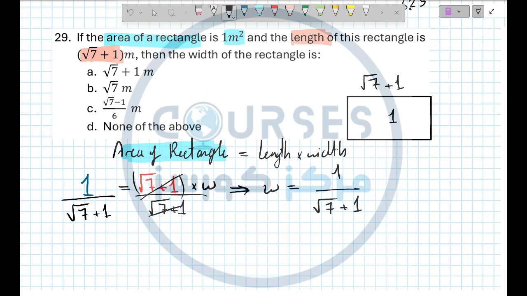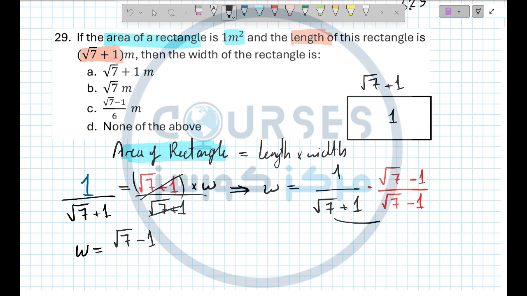Okay, this answer isn't in the choices, so we need to multiply by the conjugate to cancel the root in the denominator. So multiply by square root 7 minus 1, square root 7 minus 1. So W will be equal to square root 7 minus 1 in the numerator, since 1 times anything gives the same thing.